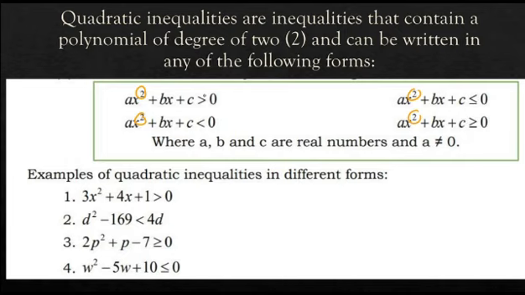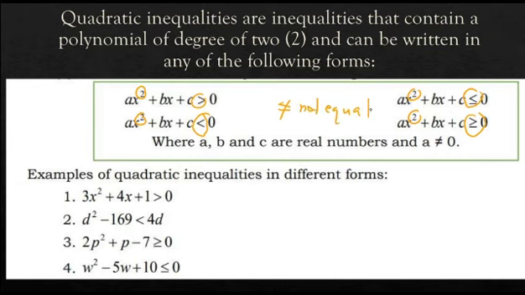One which is using greater than, and then we have the less than symbol, the less than or equal, and greater than or equal. As long as they are using these symbols, which are not equal, we can say that the mathematical sentence is a quadratic inequality. So this means not equal or unequal.